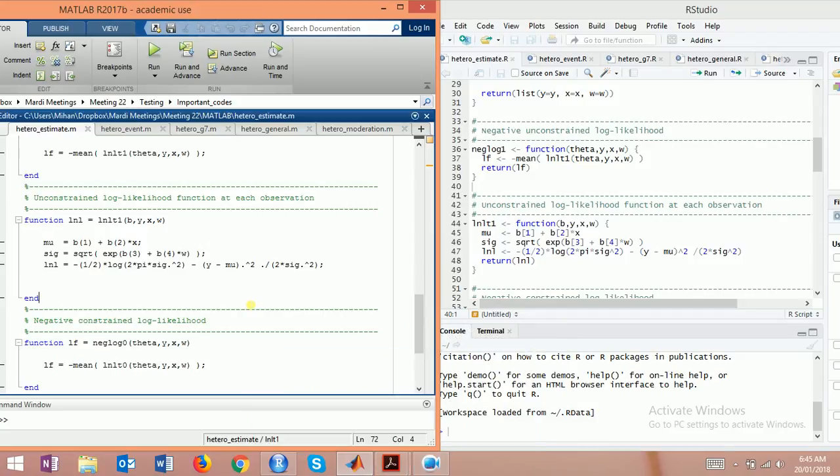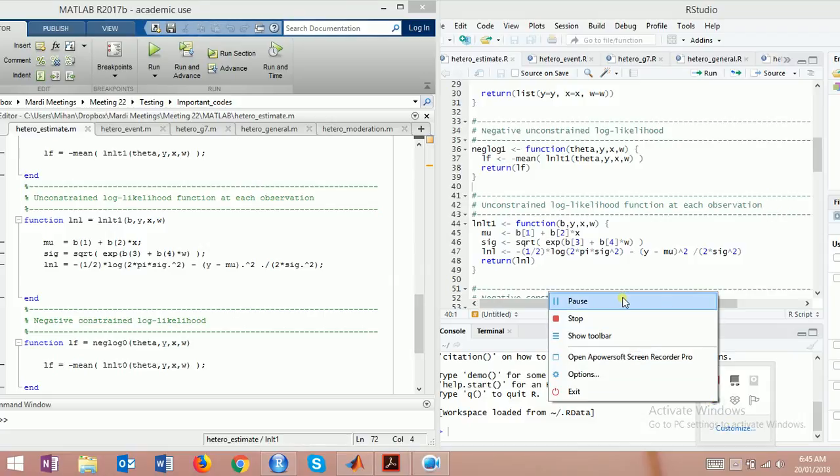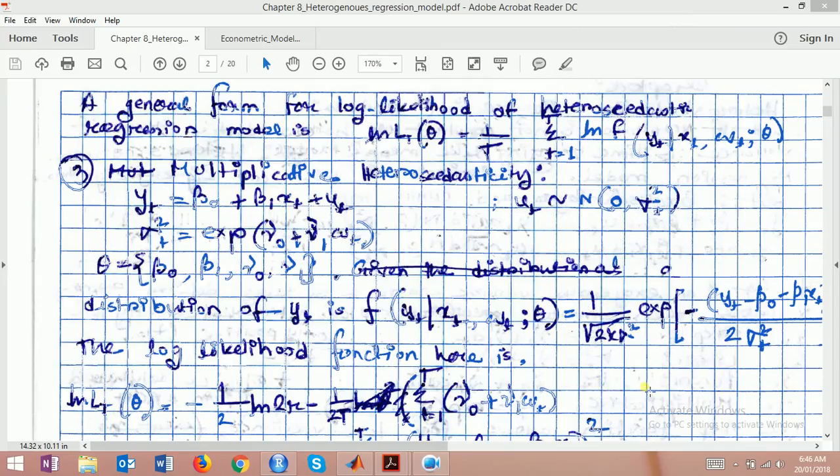Half log twice pi sigma square, plus y minus mu whole square divided by 2 sigma square, right? So that is our log likelihood function, the simple log likelihood function.